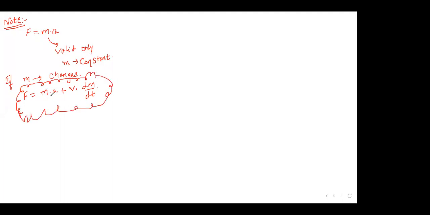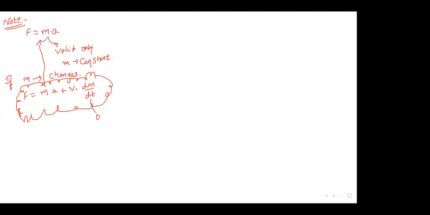So what is the general formula for Newton's second law? F is equal to m into a plus an additional term, that is v into dm by dt. This is called variable mass, dm by dt. Suppose the mass is not changing, there will be no change in the mass, so this term will be 0. So 0 into v will be 0. You will get back F is equal to ma.